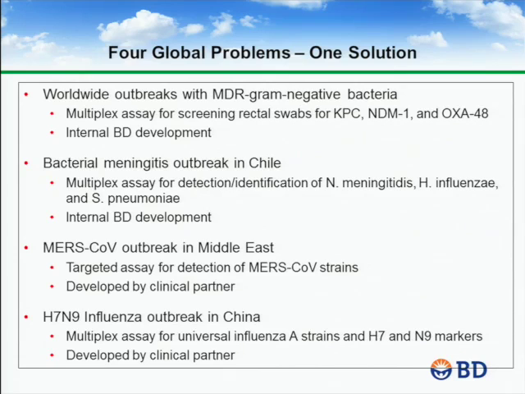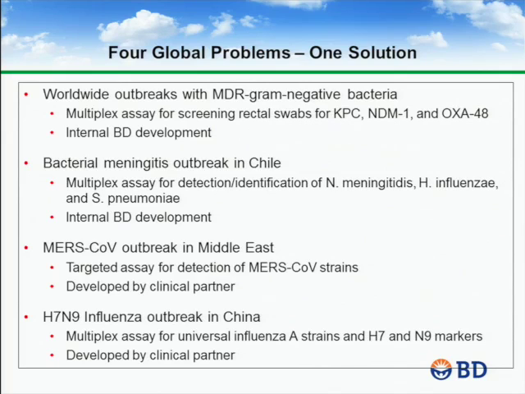The second example is an outbreak of meningococcal meningitis that's ongoing in Chile. And when I was visiting the head of the public health laboratory in Santiago, Chile, his complaint was that they didn't have an assay that they could use to confirm the diagnosis of meningococcal disease. So we developed a multiplex assay for him that detects Neisseria meningitidis, Haemophilus influenzae, and Streptococcus pneumoniae.